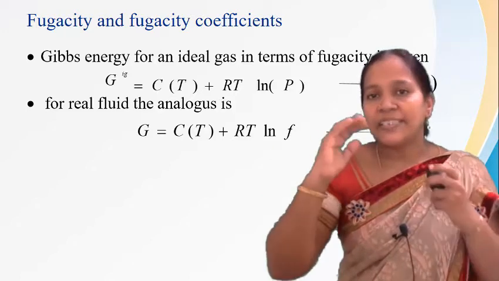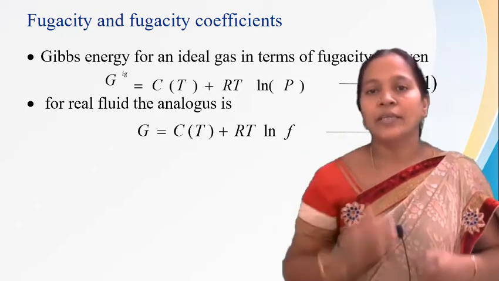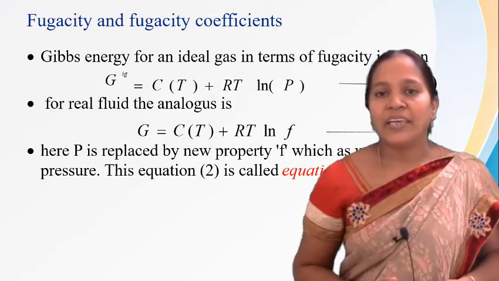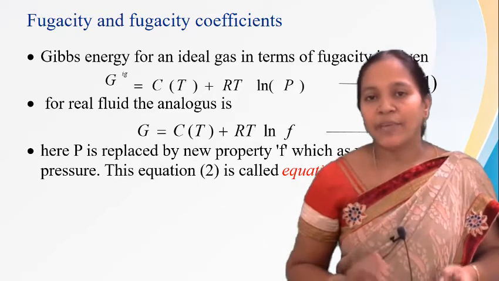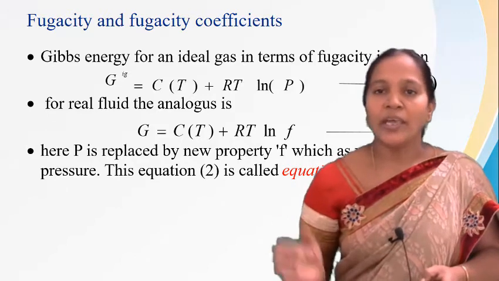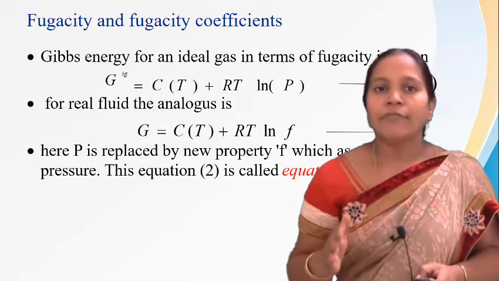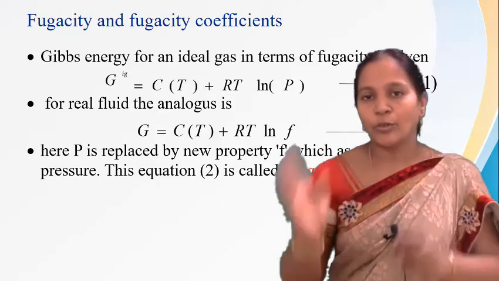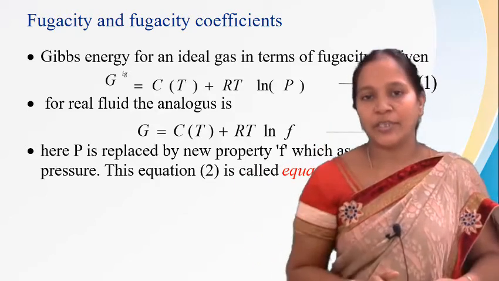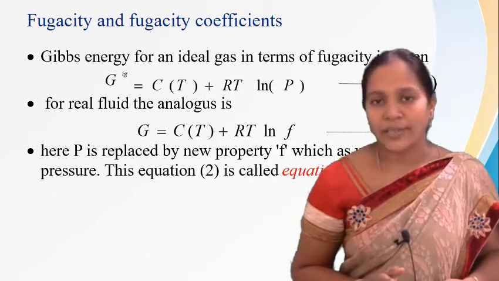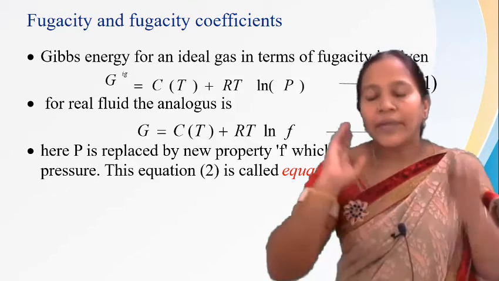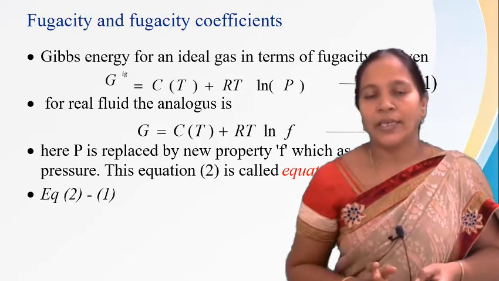Here, the term P is replaced with a new property f. f is fugacity. f has the units of pressure, that is bars. Equation 2 is called the equation for fugacity.